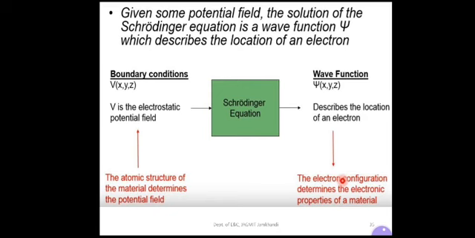If it is 0, there is no chance of finding an electron there. Earlier I gave the example of the mother and the son, so this is that one.